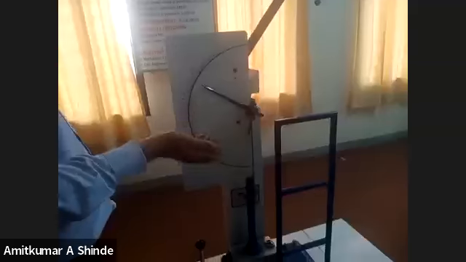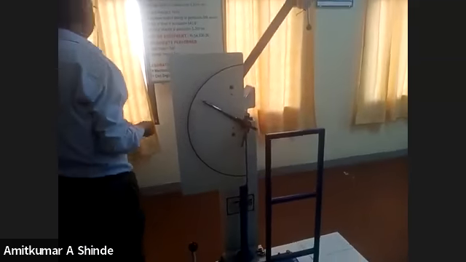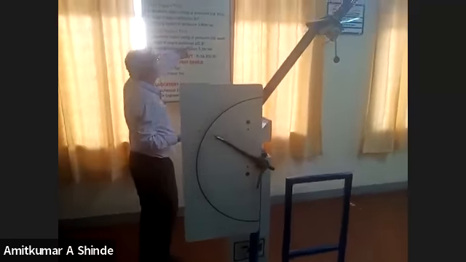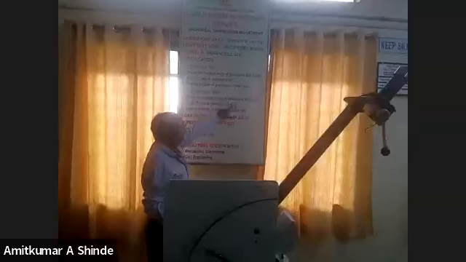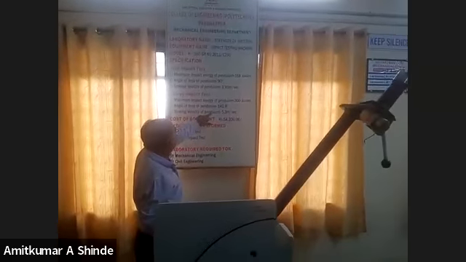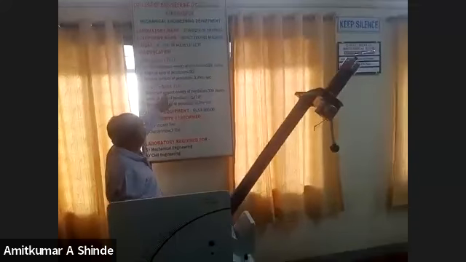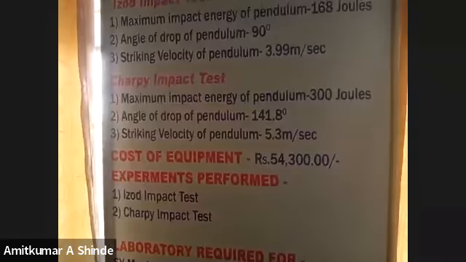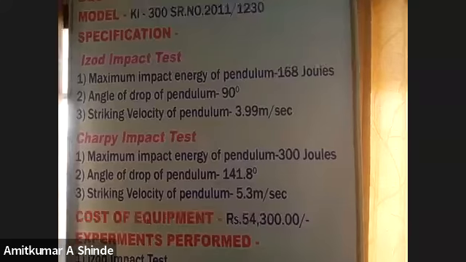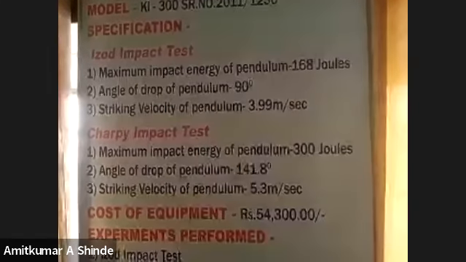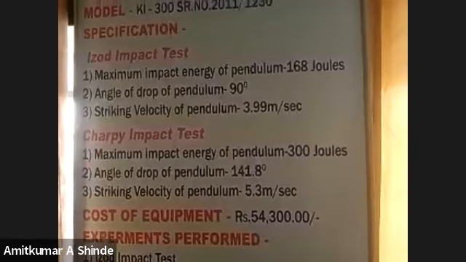This is called the Charpy test. So you can remember this: maximum pendulum angle and speed is there. Maximum impact energy of pendulum is 300 joules. It is given in the scale of this. So 203 joules energy absorbed by this specimen.